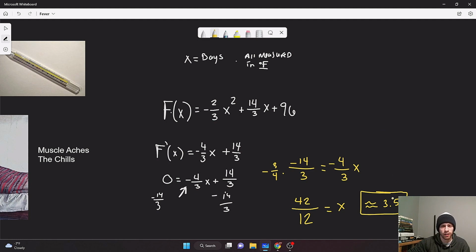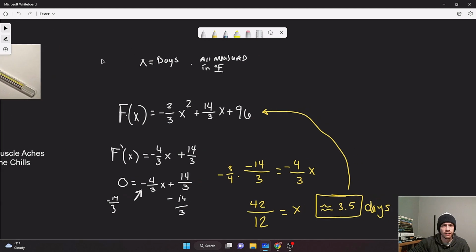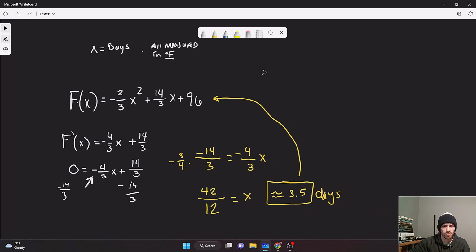And so if we plug in our 3.5 into the original equation, we can determine what that temperature is.